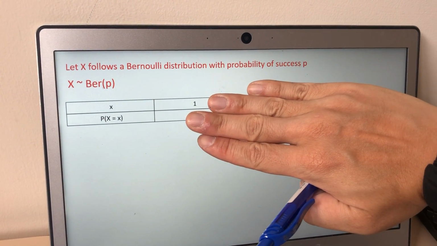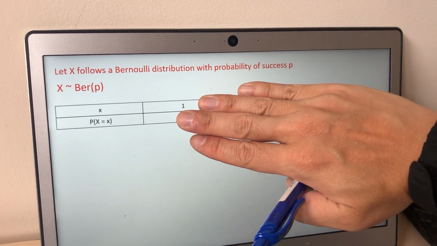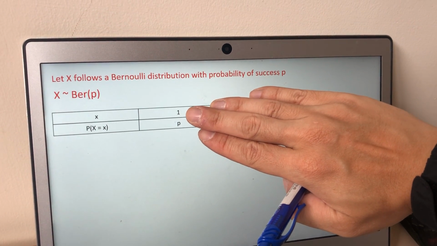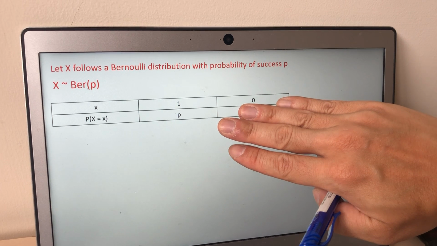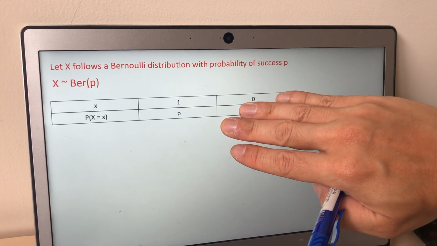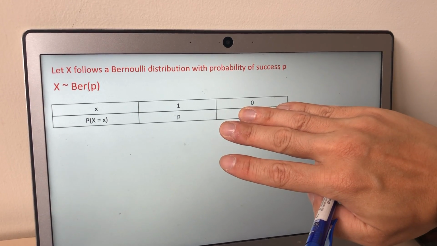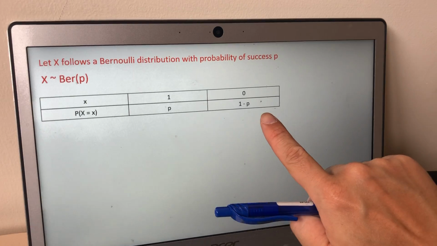The probability of X equal to 1 means success. What is this probability? Yes, it must be P, right? Probability of success is P. Then what about failure? What is the probability of X equal to 0, failure? Yes, if the probability of success is P, then the probability of failure must be 1 minus P. Okay?